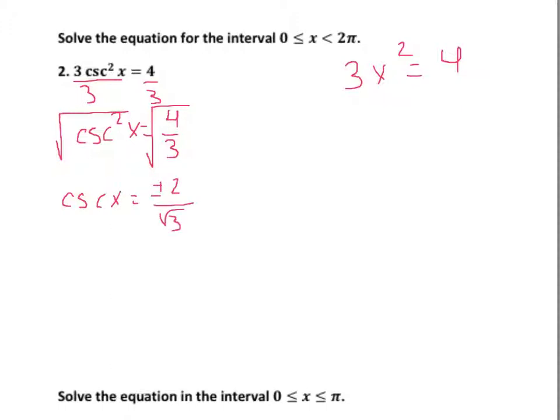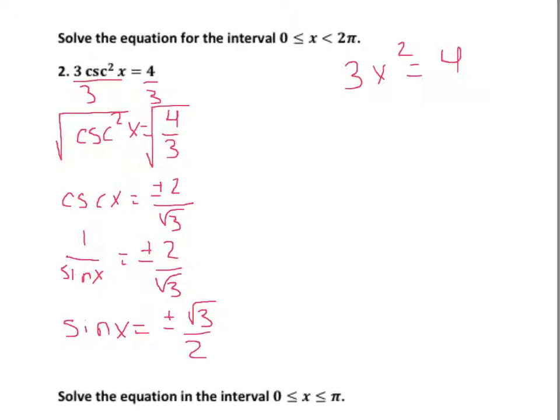But what is cosecant? Well, it's 1 over sine, which equals plus or minus 2 over square root of 3. So now flip them, because watch, you get sine of x equals plus or minus square root 3 over 2.